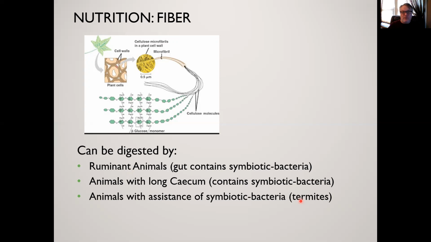So they cover their body and they can actually help dissolve the cellulose fibers in the wood that they're eating. So there have been several ways in evolution in which animals have adapted to extracting nutrition even from this very difficult to break down fiber.